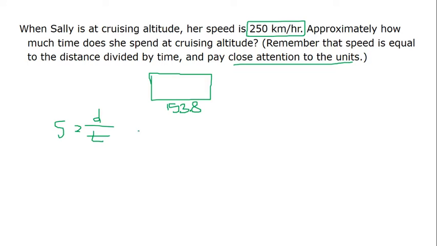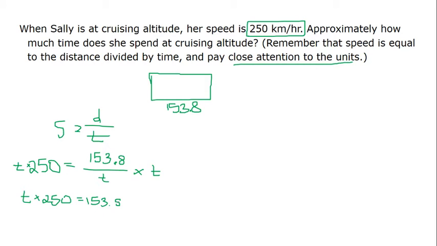So I'm going to plug in what I know. I know the speed is 250. I know my distance is 153.8 divided by my time, which is what I'm trying to figure out. So I want to get rid of my fraction first. So I'm going to multiply both sides times t. So I now have t times 250 equals 153.8.